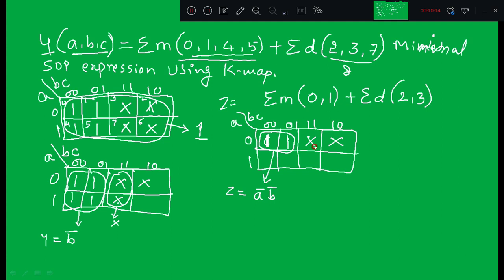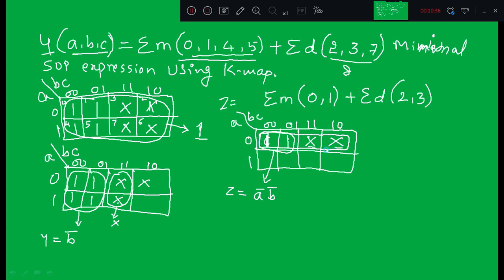Now if I consider these don't cares along with these ones, that means I'm considering these don't cares as ones. Then you can group these don't cares along with these ones in one group.